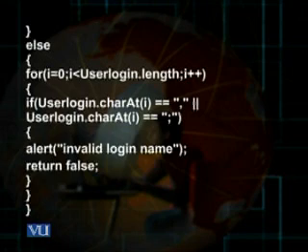The second character would now be checked, which is lying on the index 1, and that character is in fact L. And I would check if userLogin.charAt(1) is equal to comma or it is equal to semicolon, then invalid. But here in my case I have typed L, which is not a comma or a semicolon. So this test is passed. My second character is also okay. It is not comma or semicolon, it is valid.